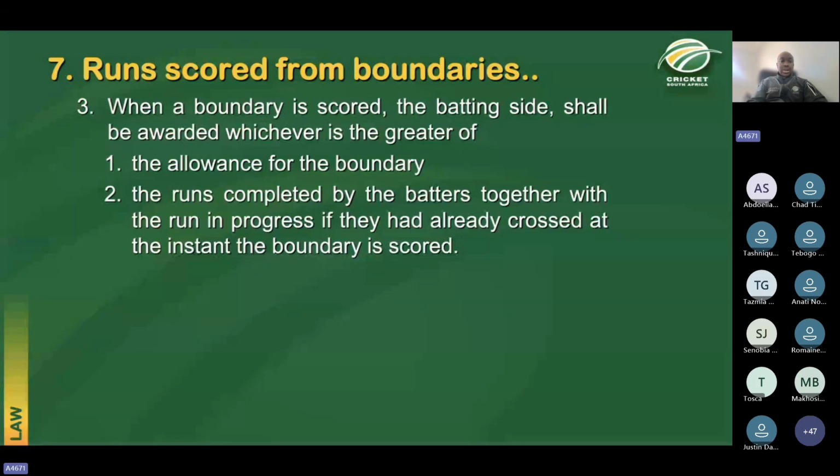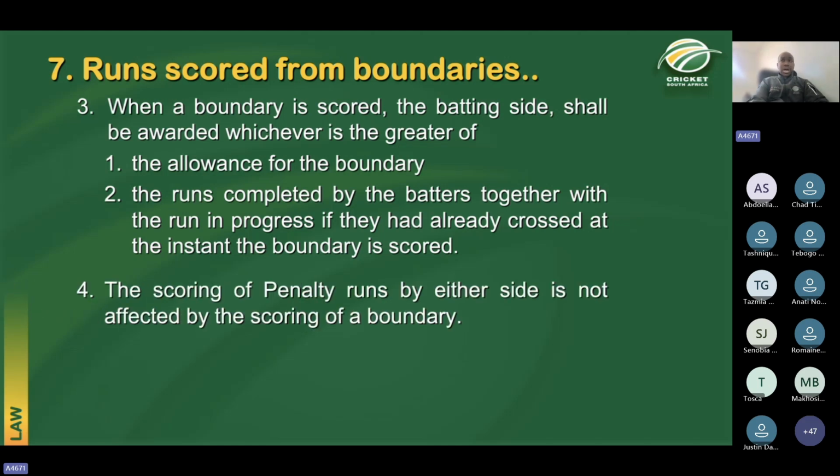So the greater of the allowance for the boundary, in this scenario boundary 4, or the runs completed by the batters together with the run in progress if they had already crossed at the instant that the ball crosses the boundary. So in my scenario where the batters had crossed for the 5th run when the ball went over the boundary, they will not be awarded 4, they will be awarded 5 according to law.